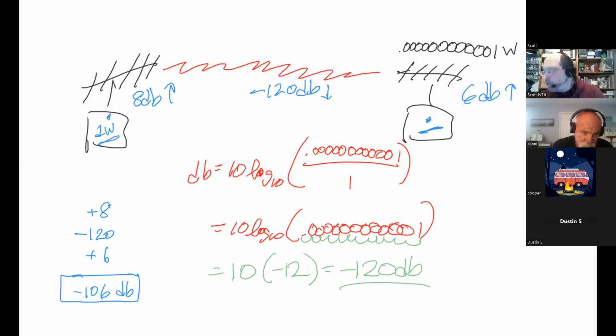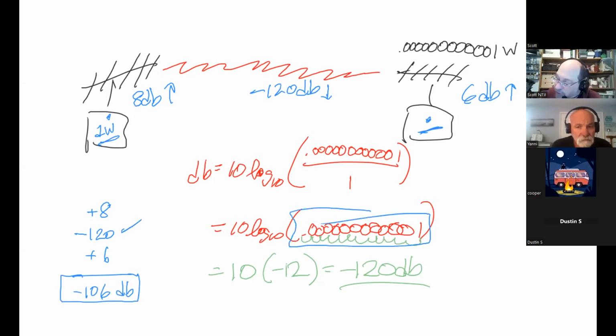And did we need to carry any weird decimal points at all? Did we have to factor in all those decimal points? And the answer is no, they're all contained in this number right there. So as far as what you need to remember with regard to decibels, there's really only 2 things.